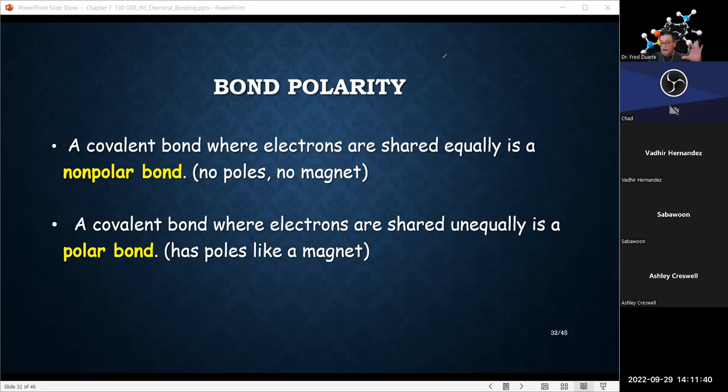In general, when all the bonds in your molecule are non-polar bonds, the whole molecule is non-polar. In general, when all your bonds are polar, you end up with a polar molecule, except under certain conditions. We're going to talk about that, because it is possible to have polar bonds and end up with a non-polar molecule.